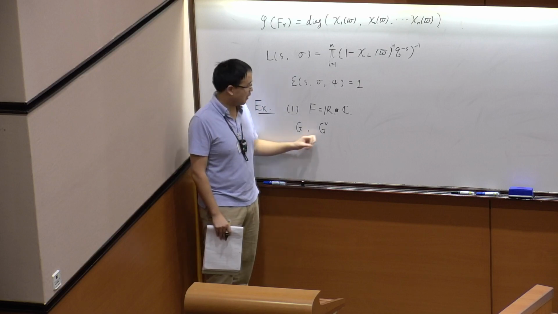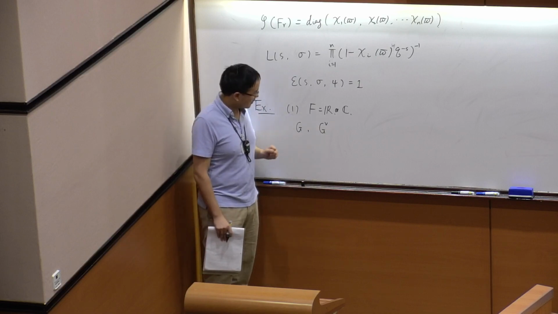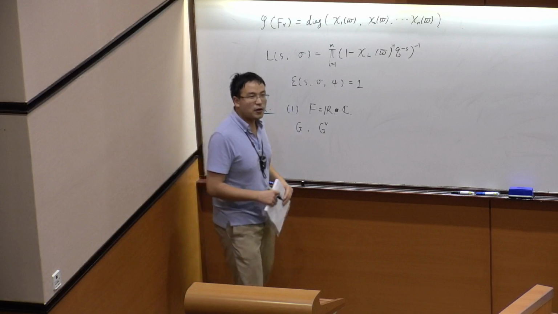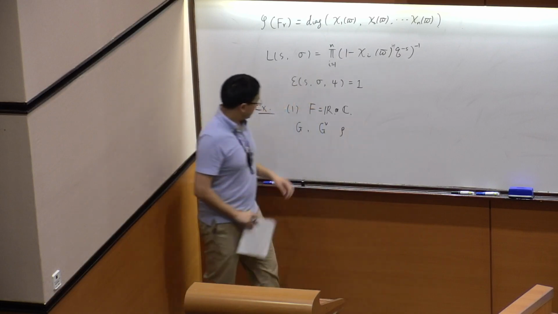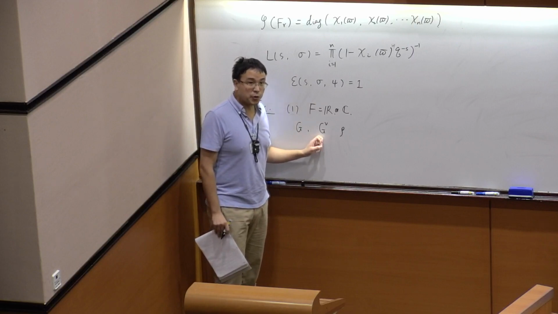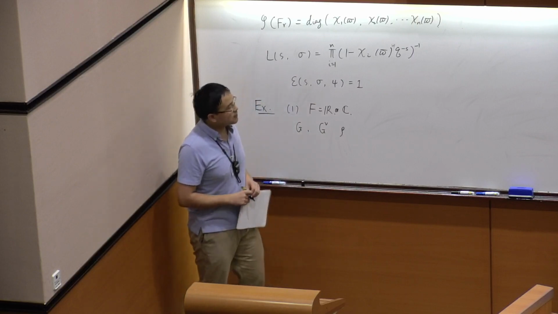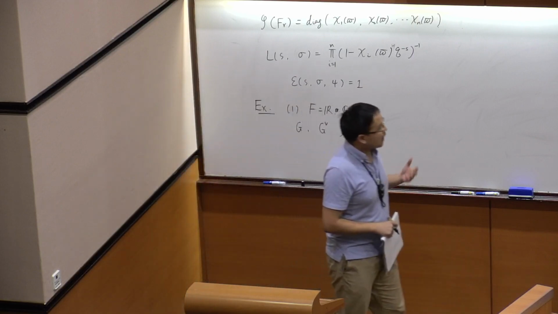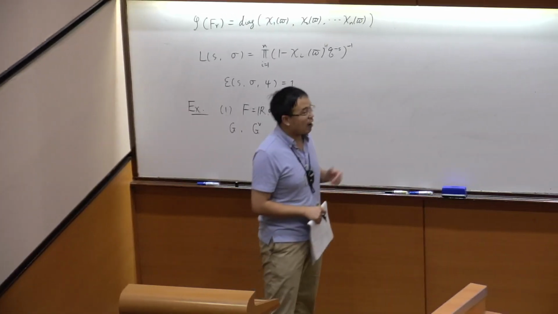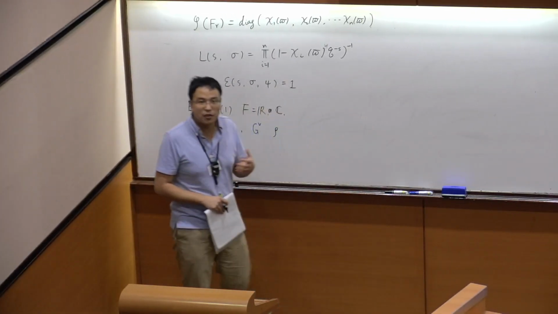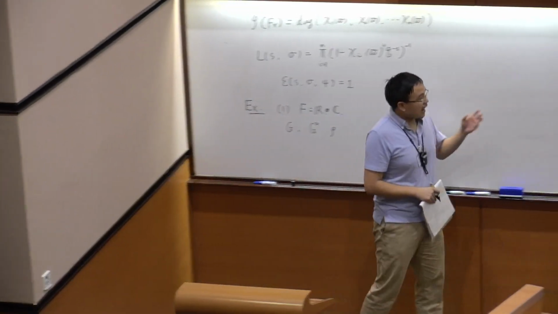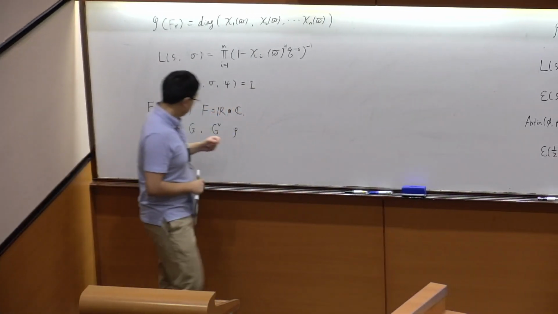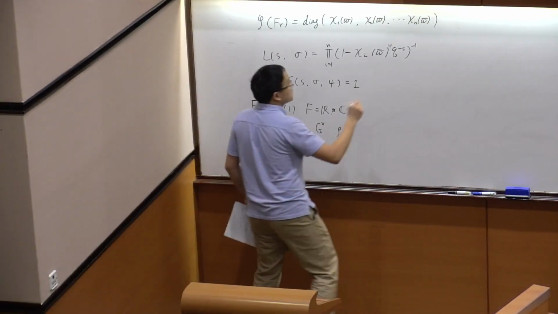You can see the tables in the previous talk, and also you can pick a representation of this dual group. And now the question is, we know how to explicitly write down the L factors. You can consider all the possible representations. So we can write down the L factors for these representations. Let's see.